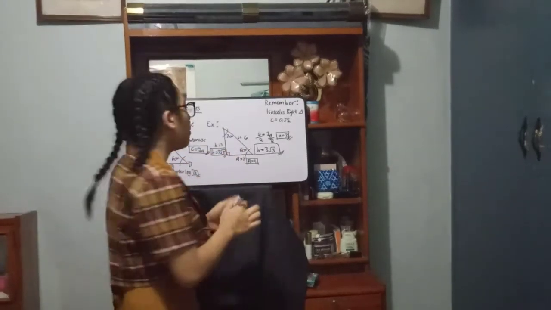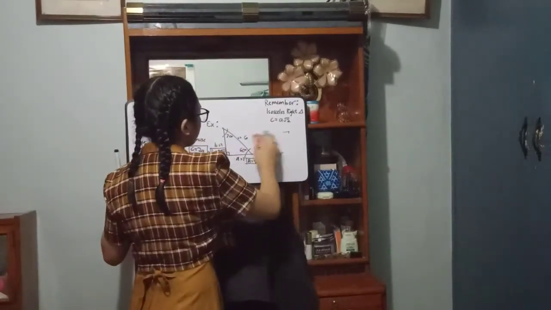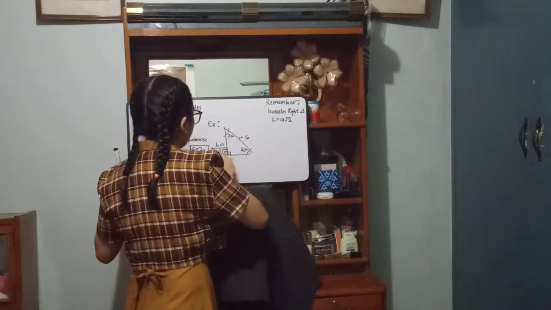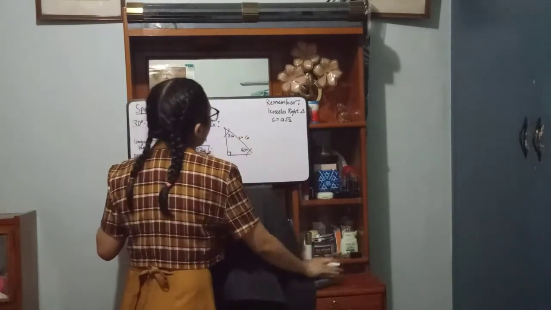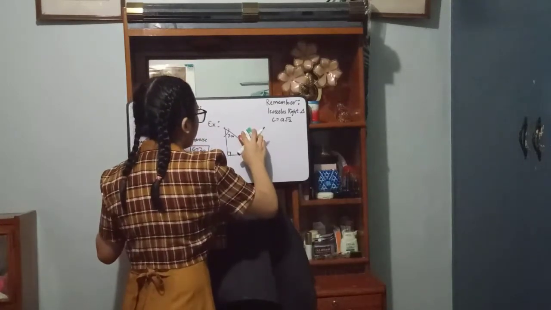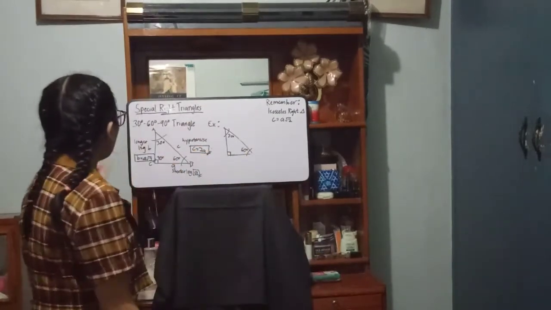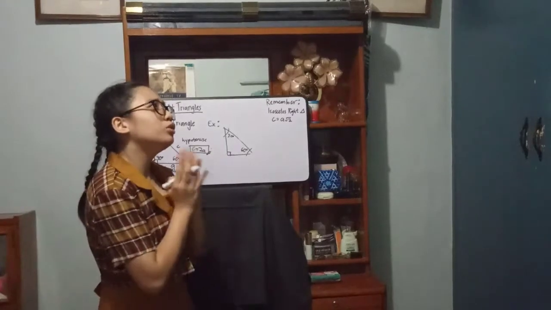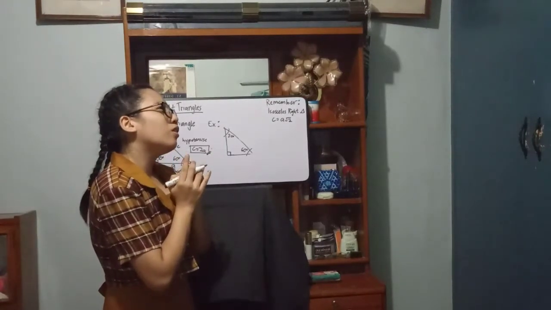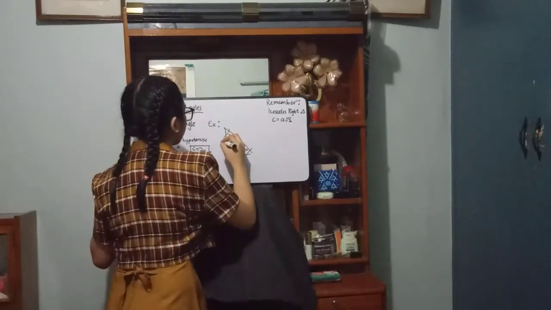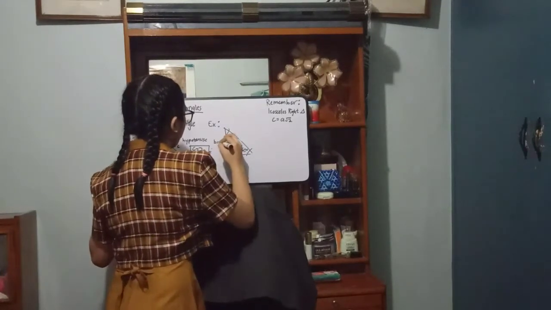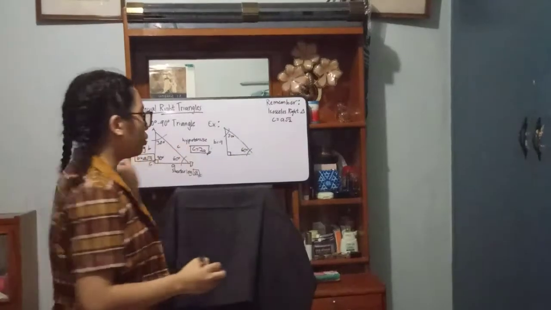Let's have another example. What if the given here is the value of the longer leg? Let's suppose that the value of the longer leg is equal to 9. Find the shorter leg and the hypotenuse.